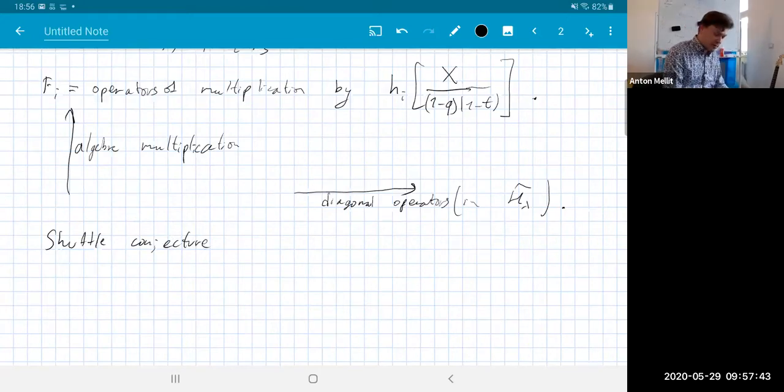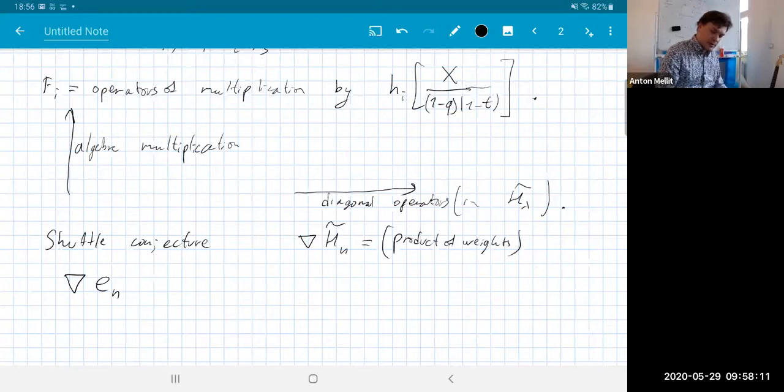On one side, you write things like, so I didn't say it was nabla, but nabla applied to H_n is just a product of weights times H_n.